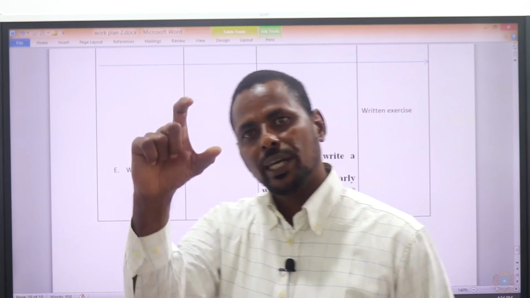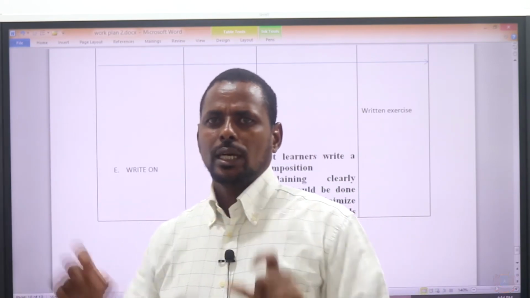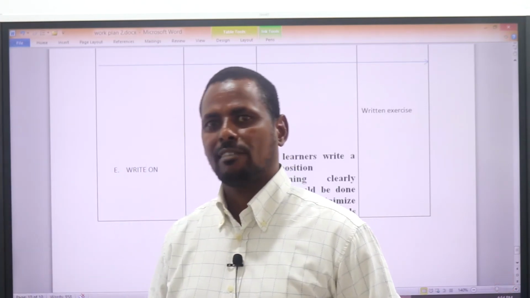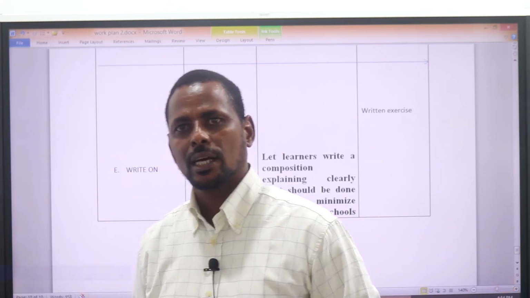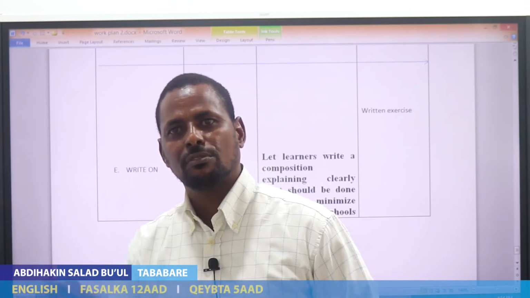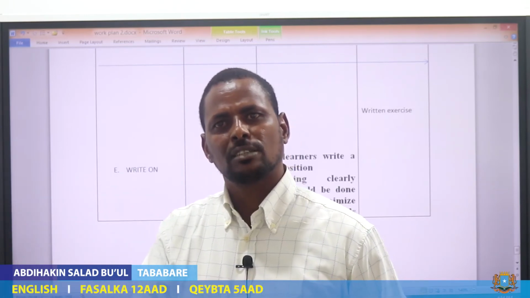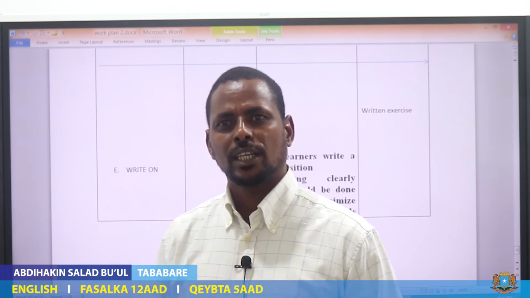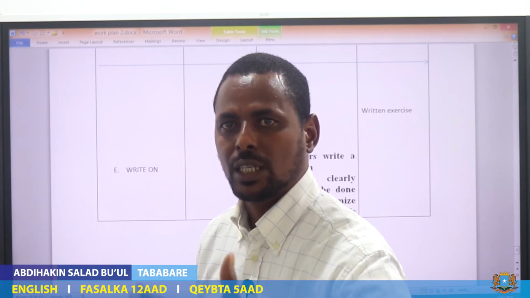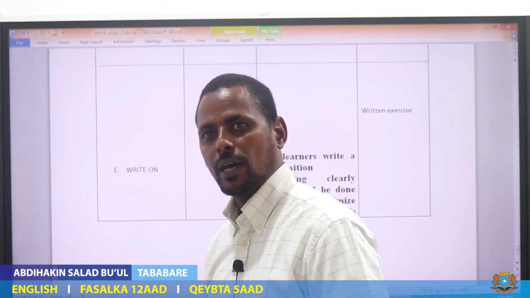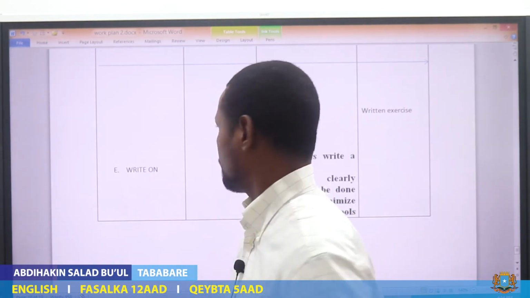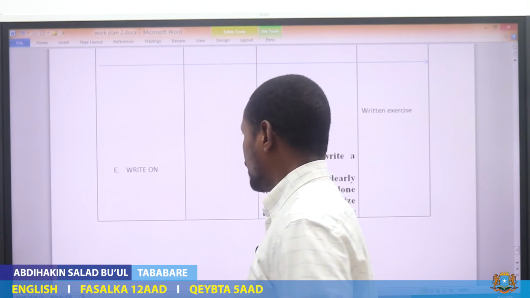Number two, the way the student has logically organized his or her ideas, paragraphing, well paragraphed composition, spelling errors, variety of vocabulary, appropriateness of the vocabulary used, appropriate variety and range of vocabulary and grammar, how communicative skills the student has shown. It should meet all these criteria of writing, which is a written exercise.